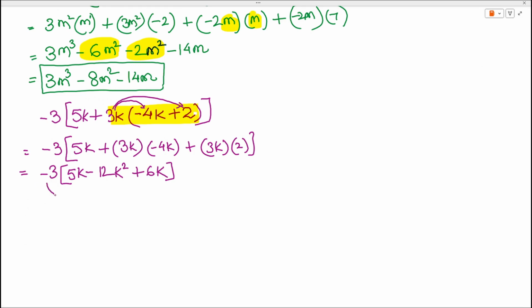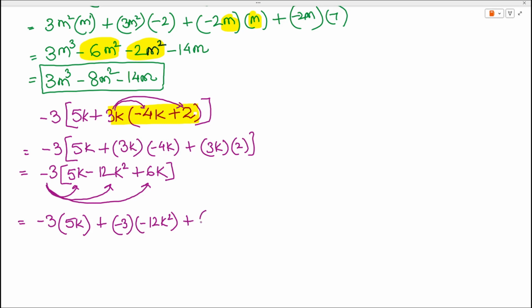So this negative 3 being multiplied with each of the terms inside the bracket. So we have negative 3 being multiplied by 5k plus negative 3 being multiplied by negative 12k squared plus negative 3 being multiplied by 6k.